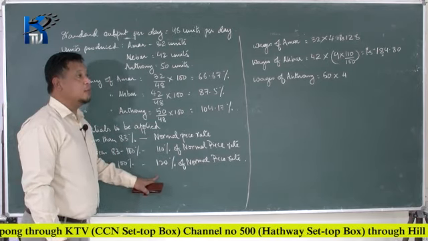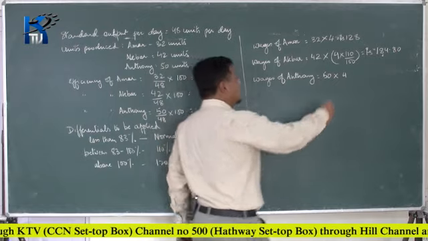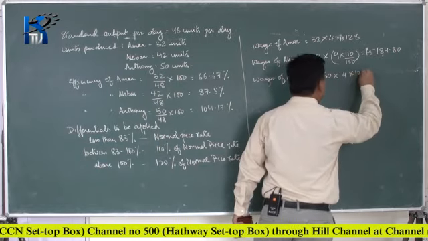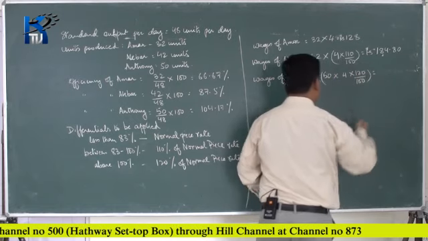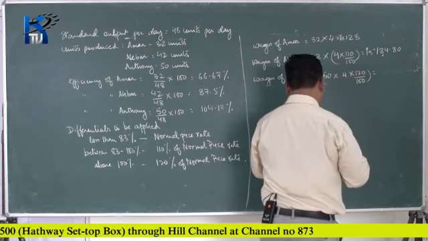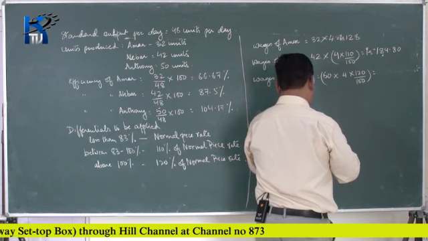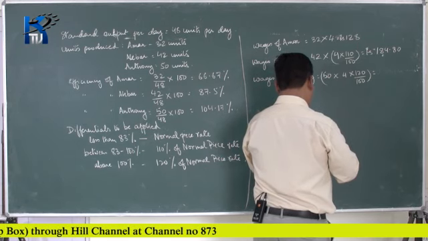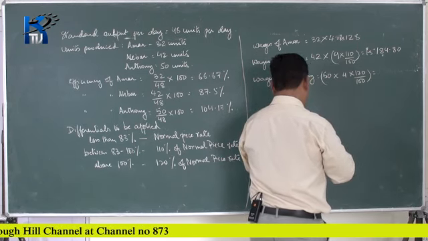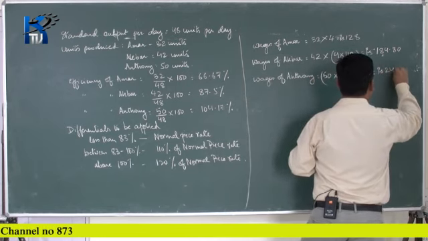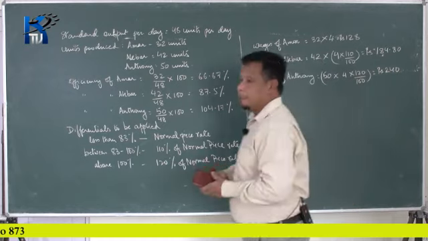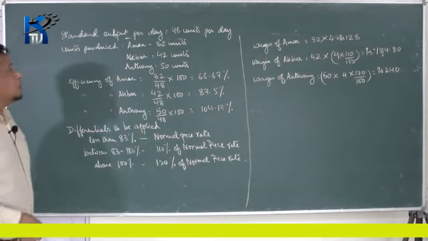He will be provided with 120% of the normal piece rate, into 120%, equals rupees 240. So we have solved this problem.